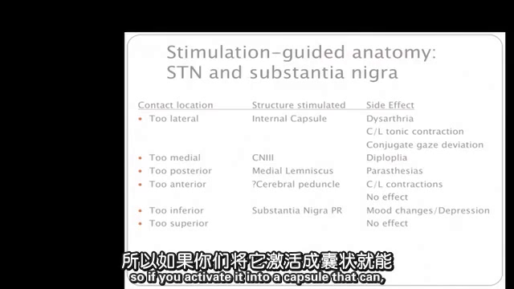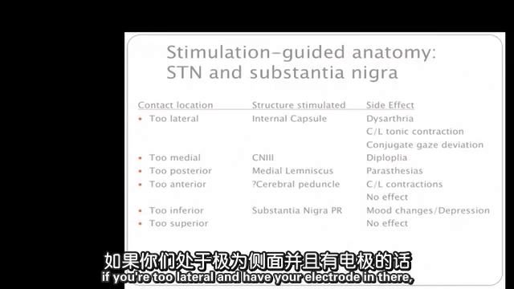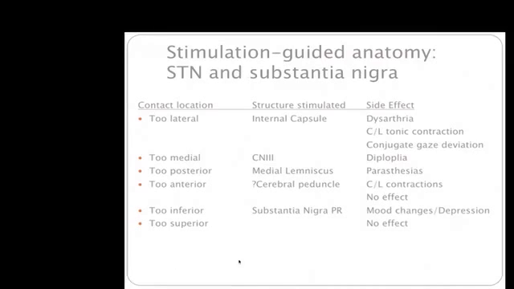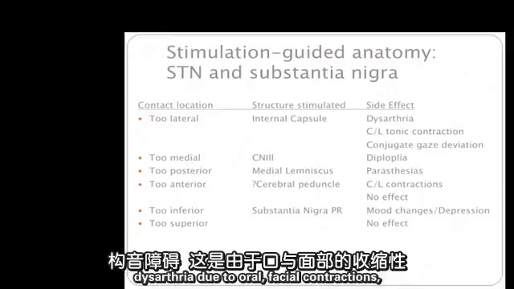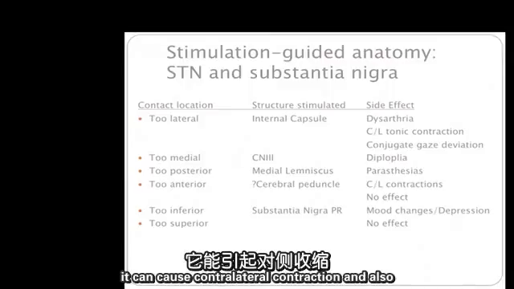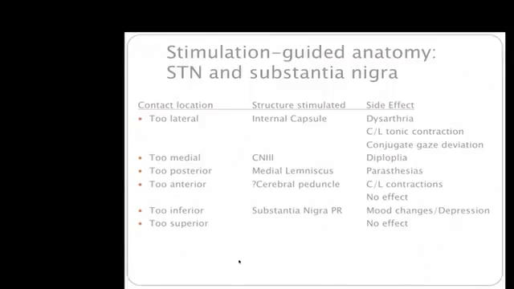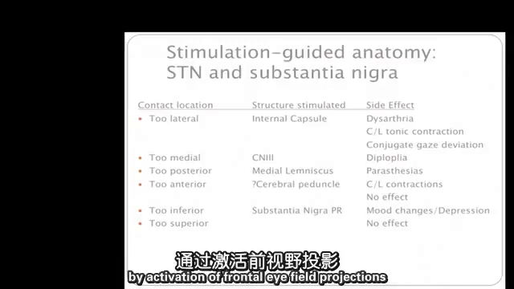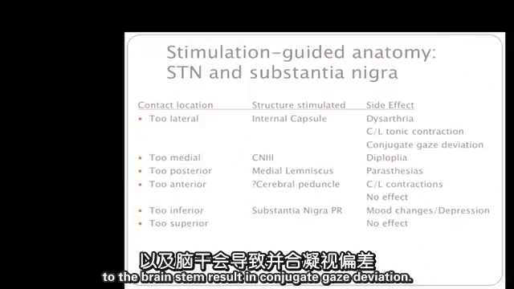If you're too lateral and have your electrode in there, activation of the internal capsule will result in dysarthria due to oral facial contractions. It can cause contralateral contractions. It can also, by activation of frontal eye field projections to the brainstem, result in conjugate gaze deviation.